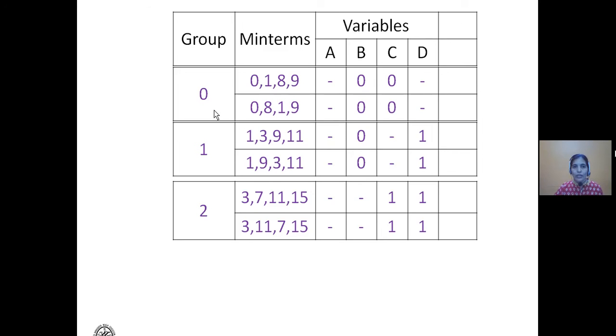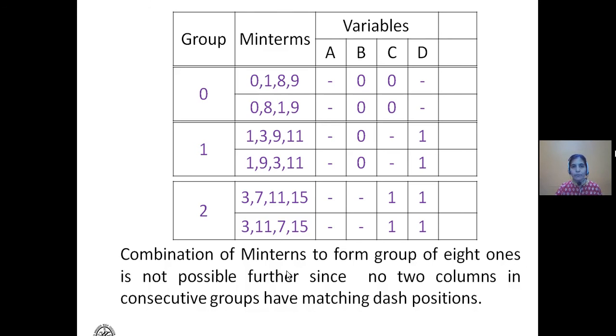Therefore, group 0 cannot be combined with group 1, group 0 cannot be combined with group 2, and group 1 cannot be combined with group 2 to form a group of 8. Therefore, no further grouping is possible to make a bigger group, and this is the largest possible group of 4 ones which can be obtained in this particular example.